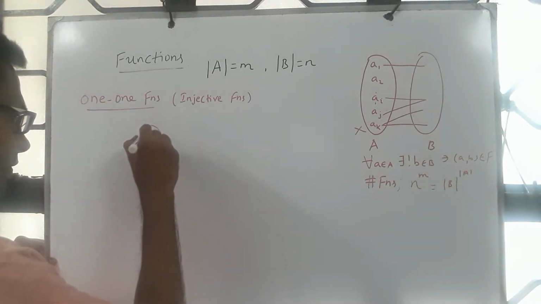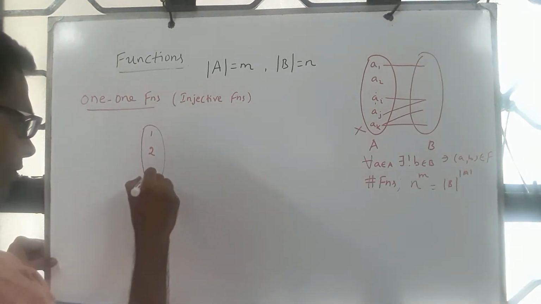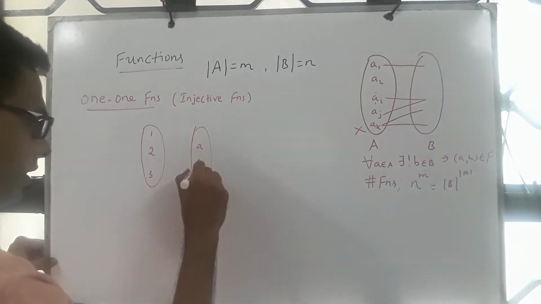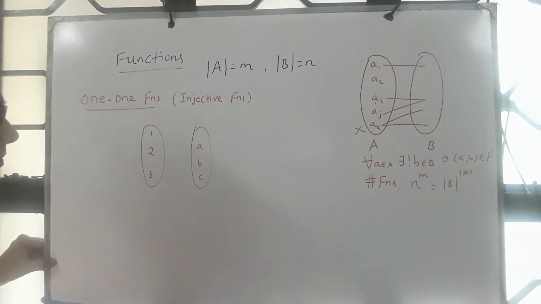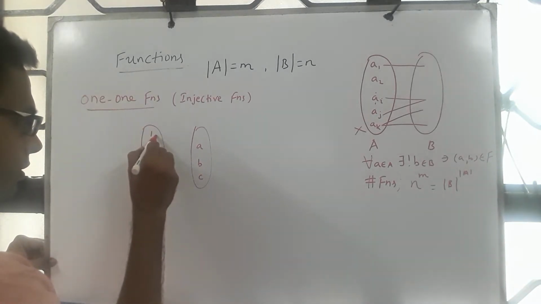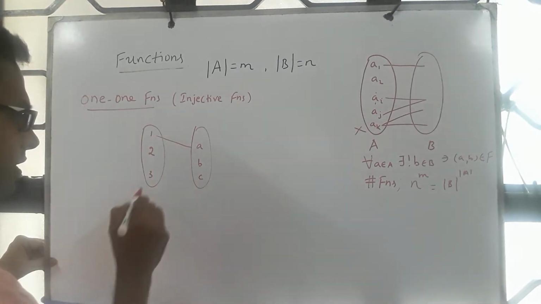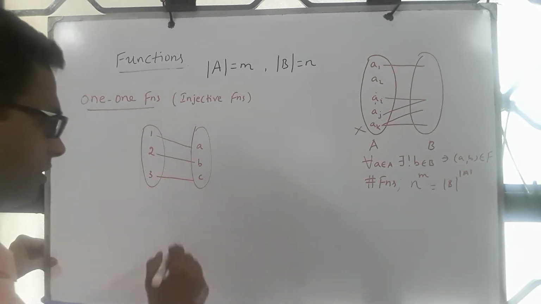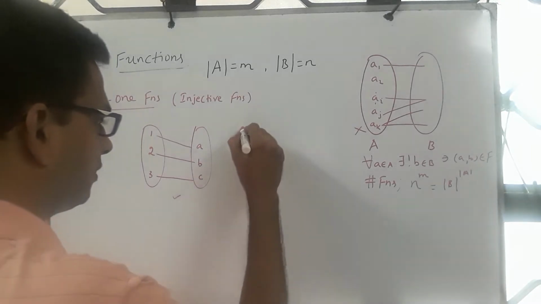Suppose you have a domain consisting of three elements and a codomain consisting of three elements. Suppose 1 is mapped to this, 2 is mapped to this, 3 is mapped to this. This is a valid function.